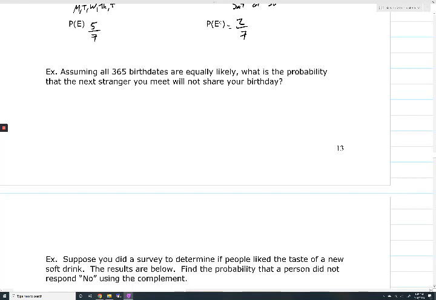Next, assuming that all 365 birthdays are equally likely, what is the probability that the next stranger you meet will not share your birthday? Well, let's say event A is same birthday. Well, what's the probability that you share a birthday? Well, the probability of A is, how many birthdays do you have? Well, you only have 1, so the probability of A is 1 over 365. Now, what's the complement of A?